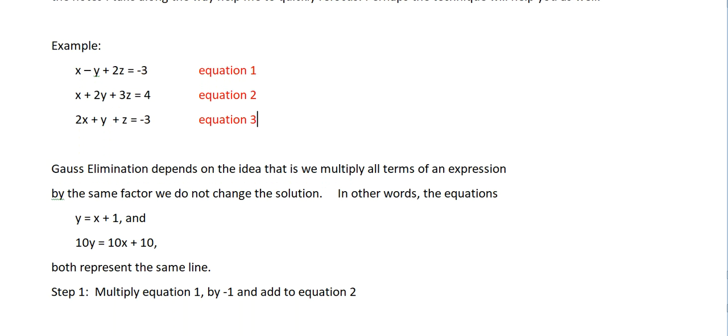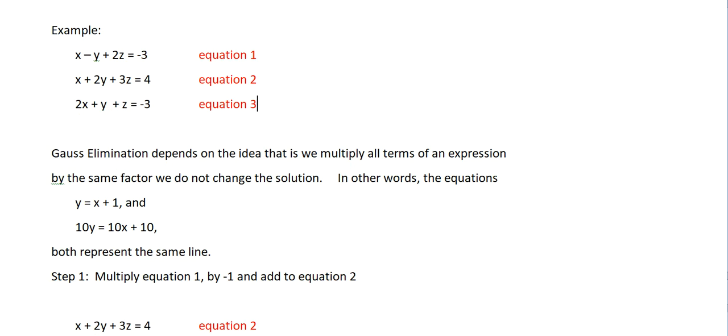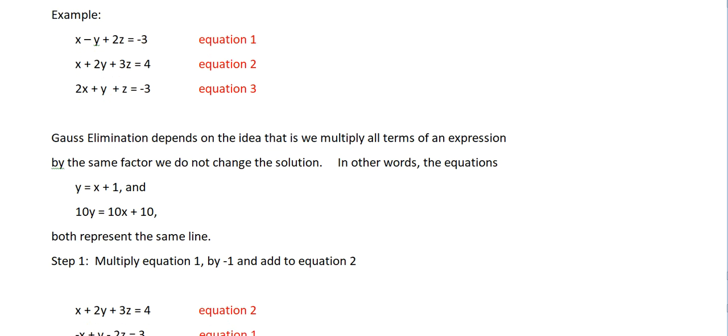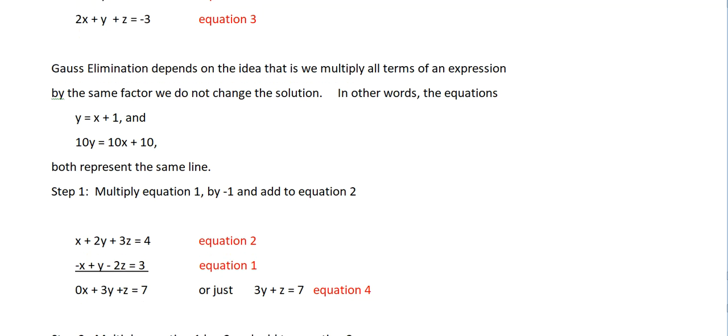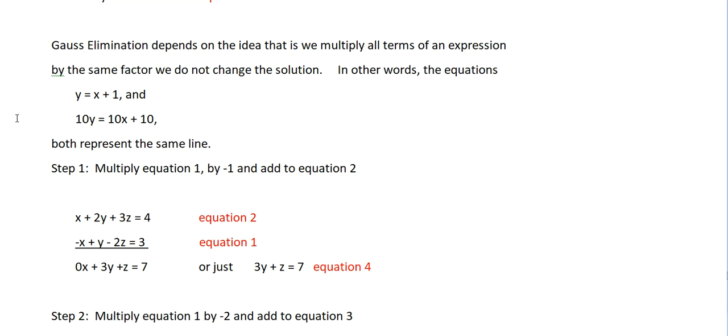After that, I'll just use black text. Okay, so we have three variables, x, y, and z, and three equations. Hopefully they'll provide enough constraint that we can come up with a unique solution. But you've got to keep in mind that perhaps no solution is actually the solution you'll be looking for.